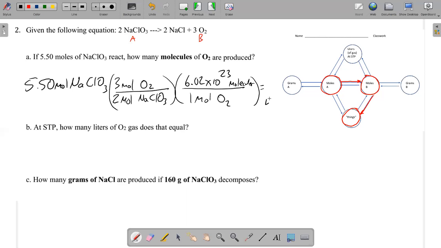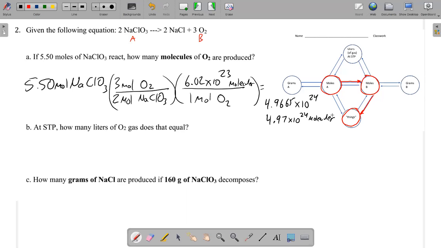So that comes out to be 4.9665 times 10 to the 24th. But we only have 3 significant figures in the 5.5. Usually you have as many significant figures in the answer as whichever of the values you start with has. So we want only 3 here, 4.97 times 10 to the 24th.